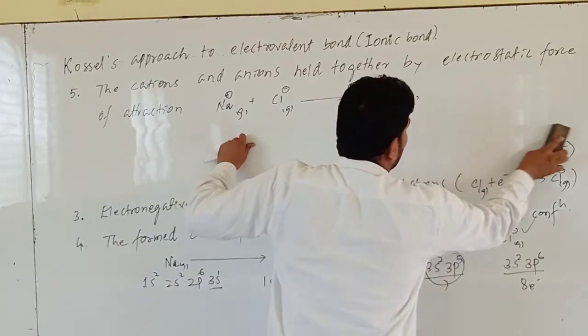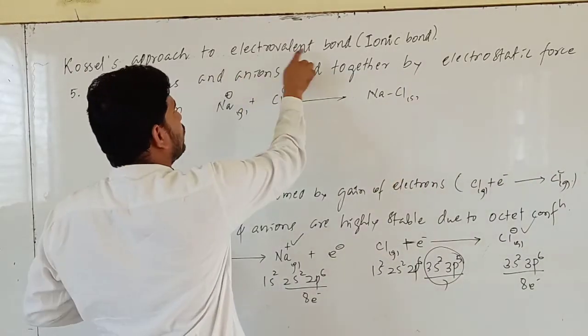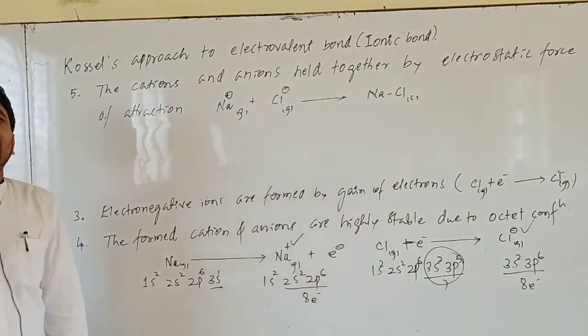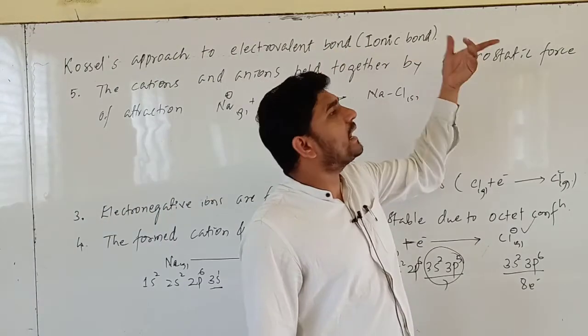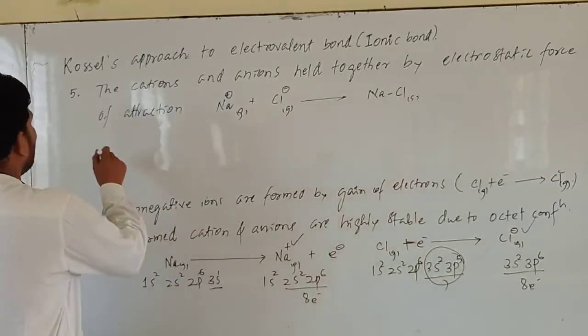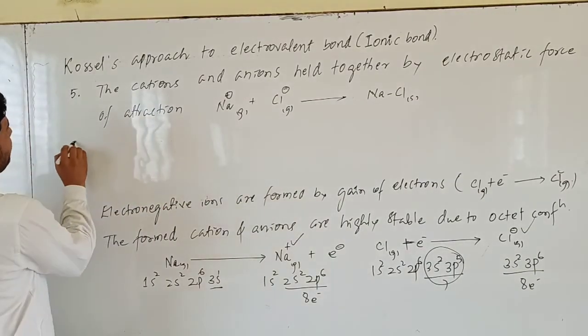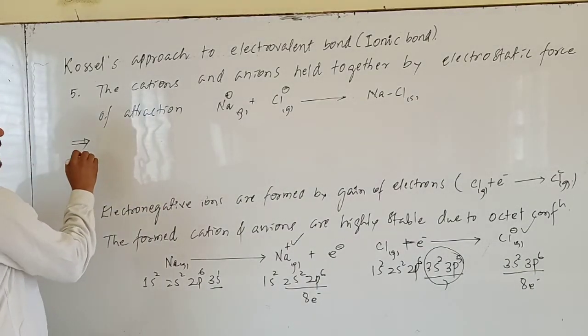Then what do you mean by electrovalent bond? How to define electrovalent bond or ionic bond? This is a very important definition.